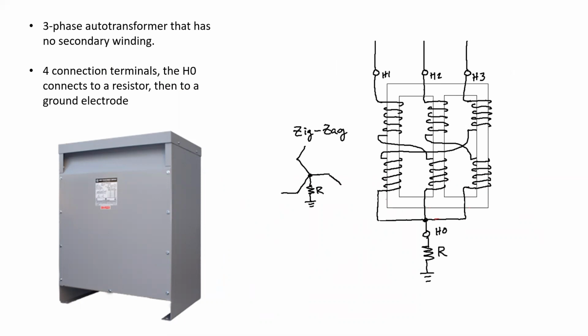This type of transformer is not used to transform voltage from a primary to a secondary, step down or step up. There is no isolation. It is obviously an auto transformer, but it's used for grounding. Again, the actual form visually of this zigzag transformer would not look any different from any other transformer until you looked at the nameplate.